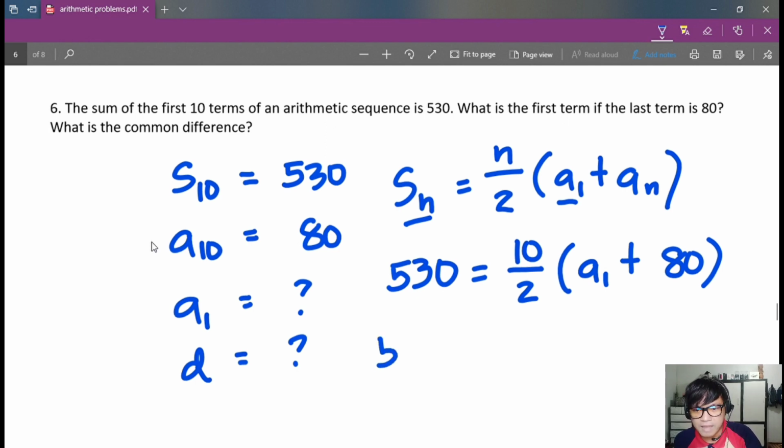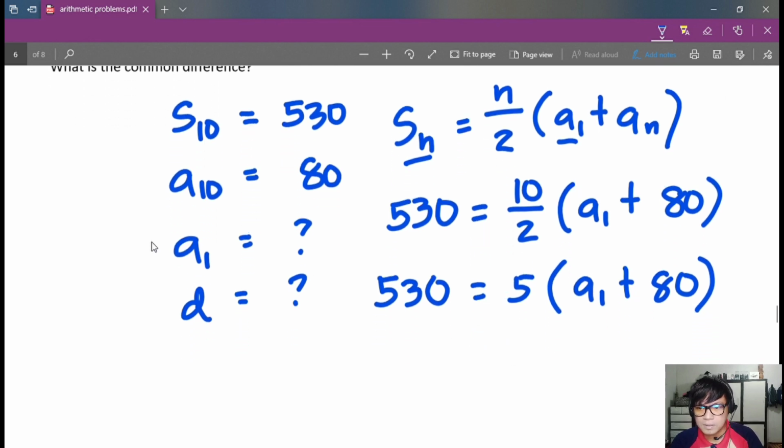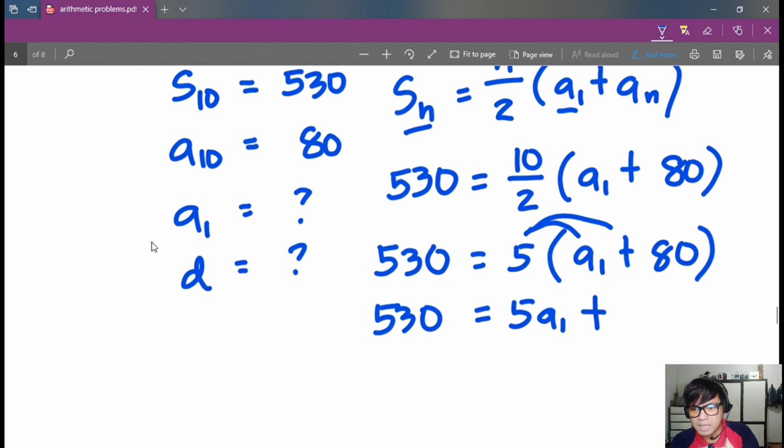So, magiging 530 is equal to 5. 10 divided by 2 is 5 times A sub 1 plus 80. Then, we have 530 is equal to, i-distribute natin dito. So, 5 times A sub 1 is 5 A sub 1 plus 5 times 80. 5 times 80 is 400.